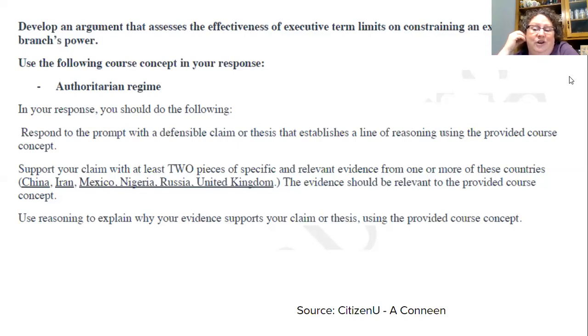On another hand, you could also use the UK because they don't have term limits either, but yet they don't have an authoritarian regime. So there's not necessarily a correlation, or a causation, between term limits and executive power.